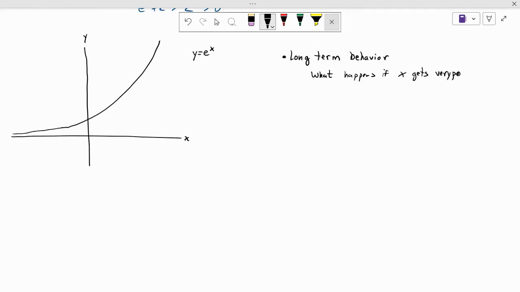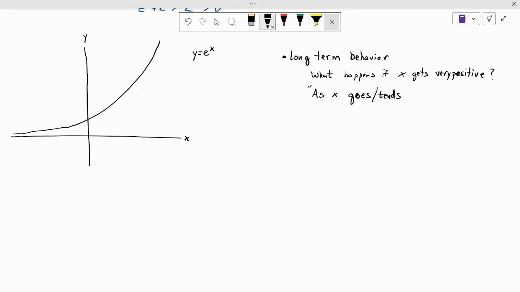Loosely speaking, that's not very precise math terminology. Maybe a better way to say this is to complete the phrase: as x goes to, or tends to, or approaches.